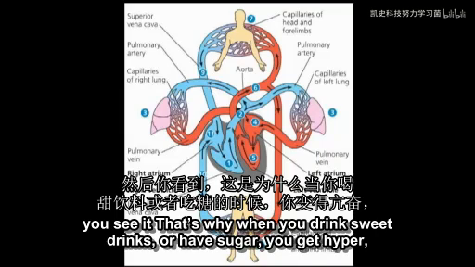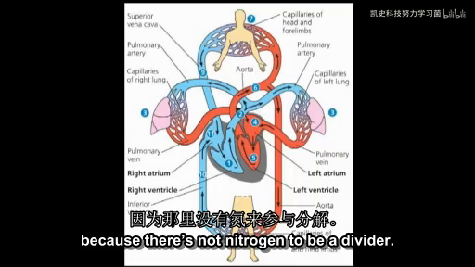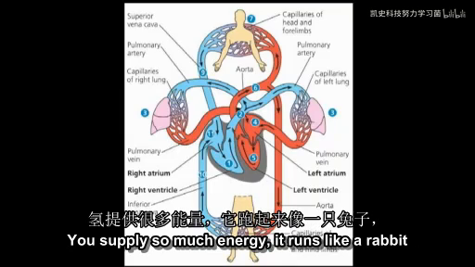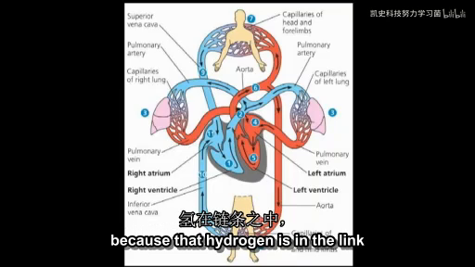That's why when you drink sweet drinks, or when you take sugar, you go hyper, because there is no nitrogen to be a divider. It's only hydrogen, which means it's a supplier. You supply so much energy, you give it to the child, it runs like a rabbit, because that hydrogen is in the link.